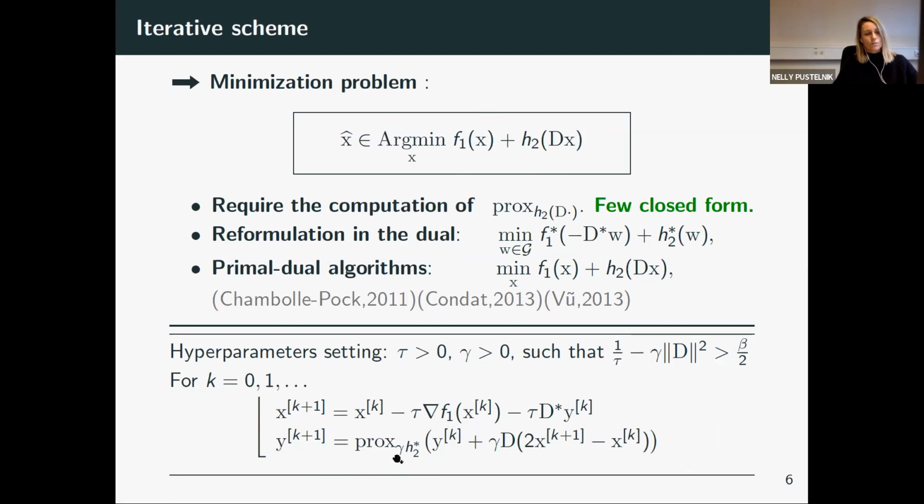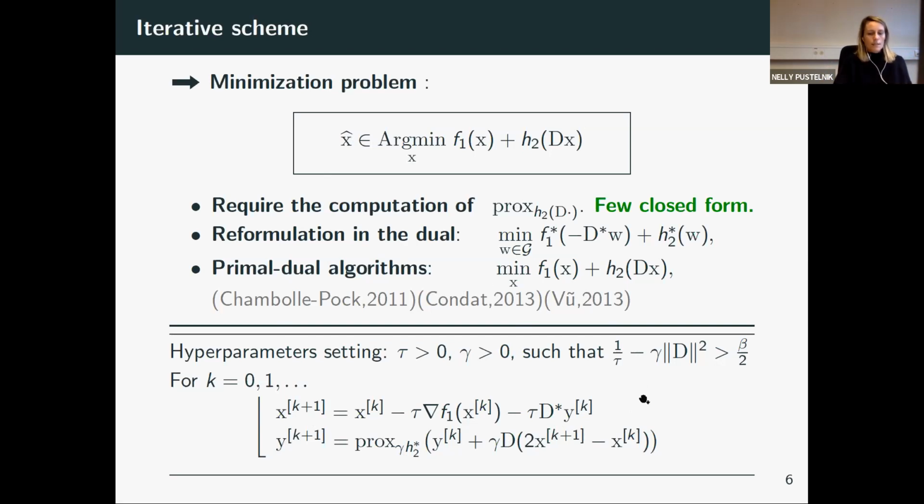So here is the proximity operator of the conjugate of the function, but it's related to the proximity operator of H2 by a simple expression. And then the operator D is going to be applied here and here. And so here are the following iterations. And if you iterate that, the sequence xk is going to converge to the minimizer of this problem. So in this context, using a primal-dual algorithm, you are able to solve the analysis formulation efficiently.